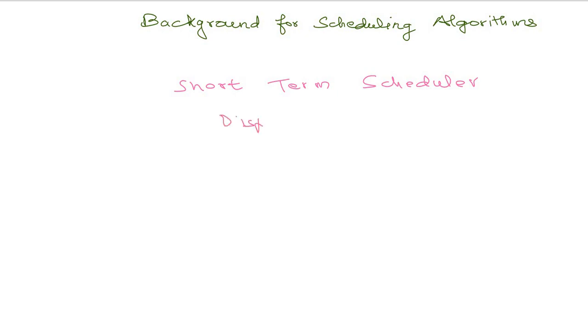Once the short-term scheduler has picked one process from a particular queue, that is from the ready queue, the dispatcher comes into the role where it does the context switching. Next, we also need to understand that the scheduling algorithms that we would be using would be valid only for short-term schedulers or for the jobs ready in the queue.